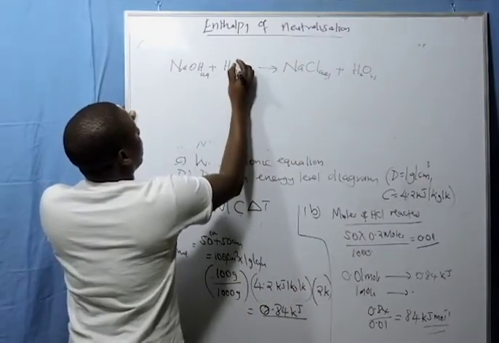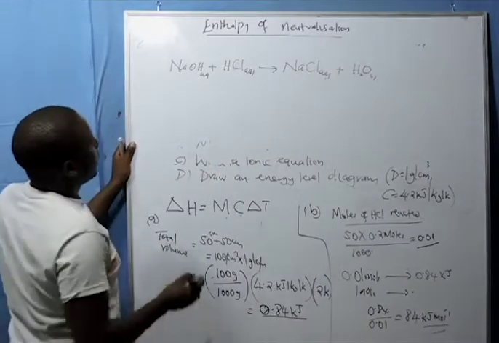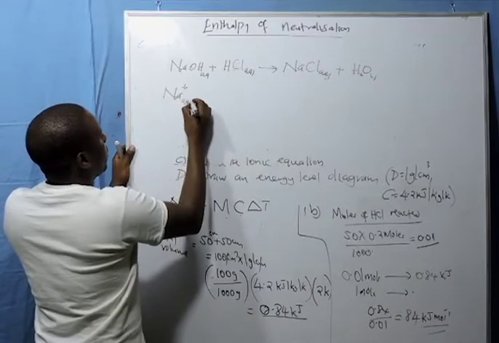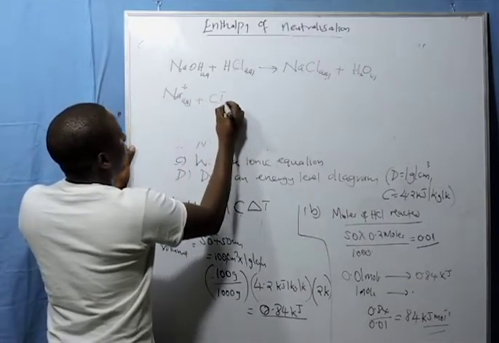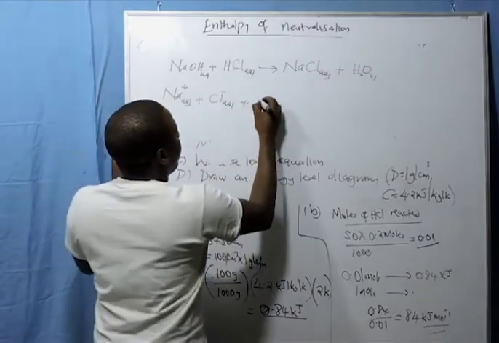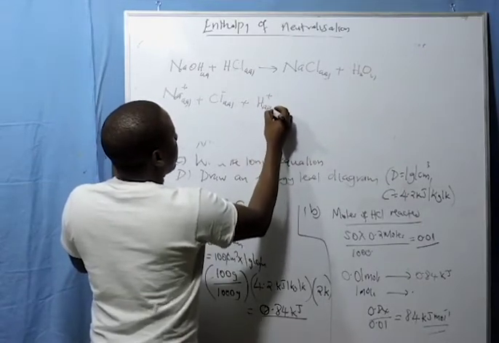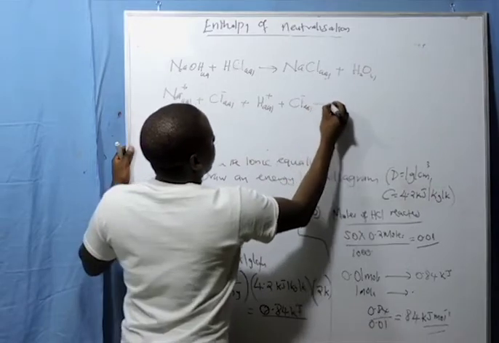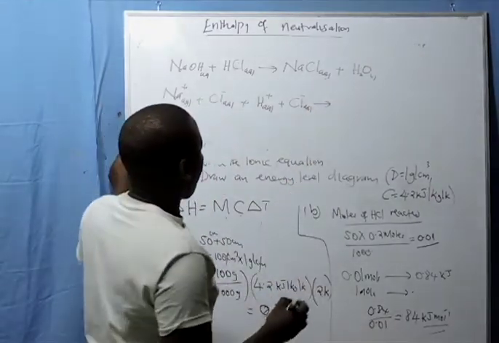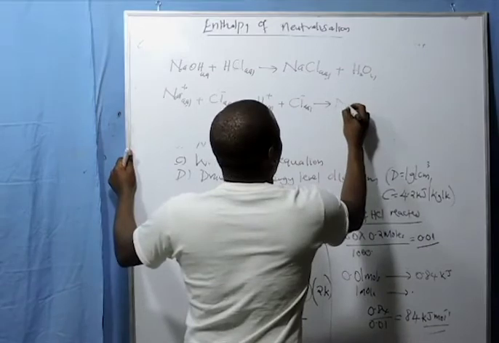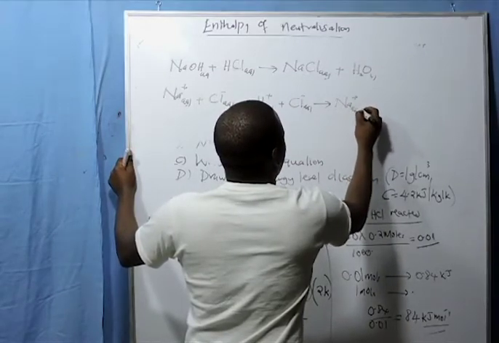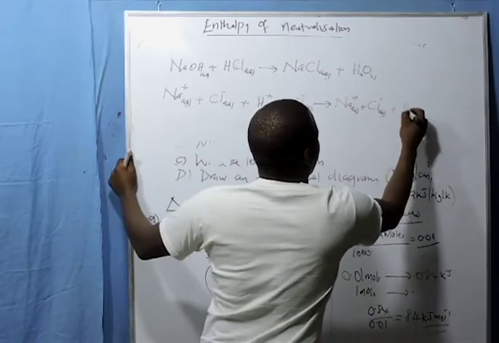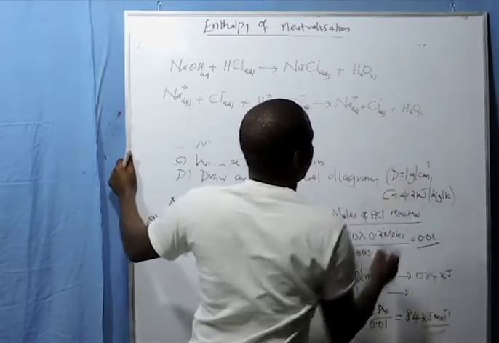Now we break into ions: sodium ions plus hydroxide ions plus hydrogen ions plus chloride ions, giving sodium ions plus chloride ions plus water.